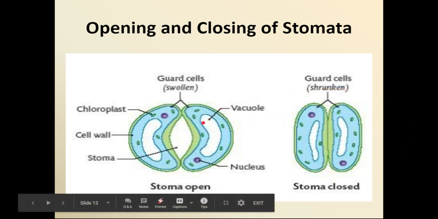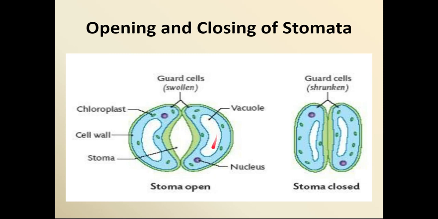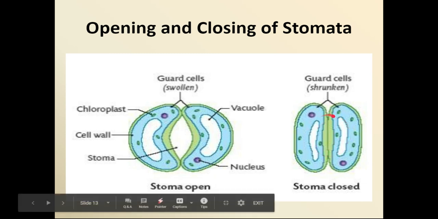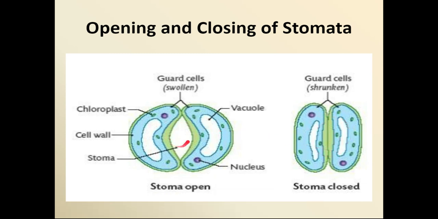Here, the vacuole is turgid because it has absorbed the water molecules, and in this case these vacuoles are flaccid because they have lost water, and the pore is closed, as we can't see any pore over here, and we can see a pore over here.